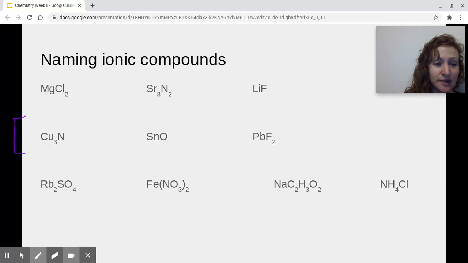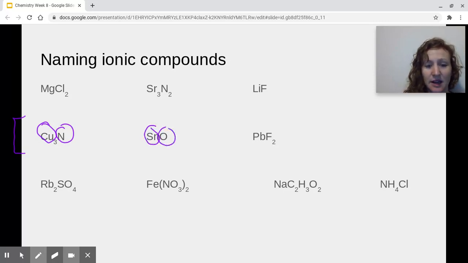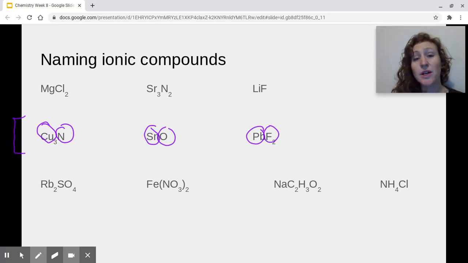So notice we have 3 of these coppers and we have a nitrate here. We have a tin and an oxygen. We have a lead and a fluorine. So you know that transition metals can form more than one ion. And when you name the transition metal ion, you have to tell me which charge you're dealing with.